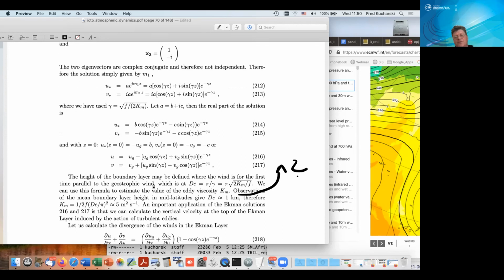Now we use a trick. What we want to identify is the height of the boundary layer for this simple case of treating a boundary layer. Estimating the height of the boundary layer is a whole science in itself.